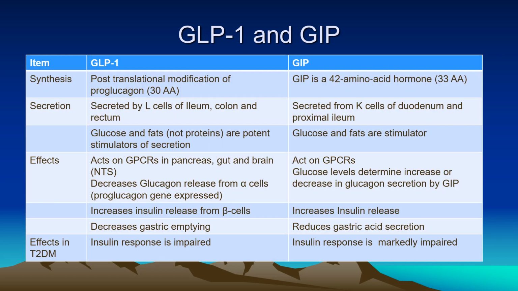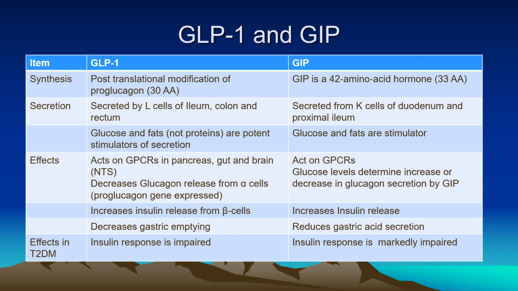Now, if we compare GLP-1 and GIP, synthesis is common, that is post-translational modification of pre-pro-glucagon. The amino acid sequence of GLP-1 is 30 amino acids, whereas GIP contains 33 amino acids.